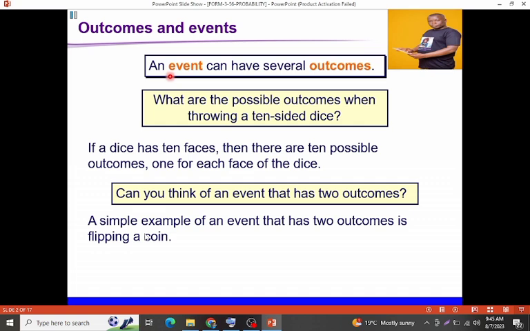This is just one: flipping or tossing a coin. And also note that the coin needs to be a fair one.